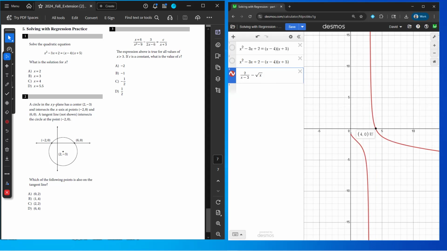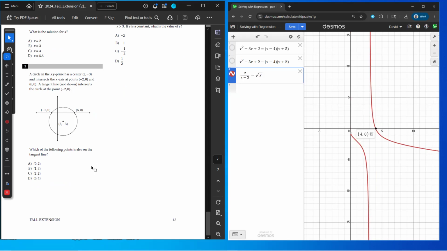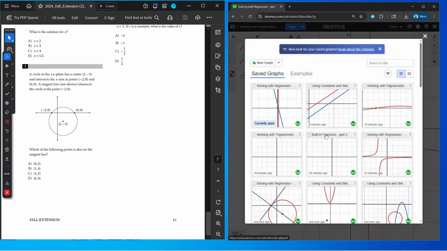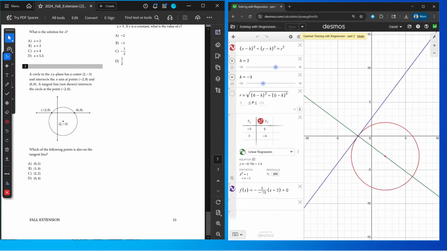Okay, let's go on to the second equation. All right, so first off, we started with a circle with a center. So I know that the equation of a circle is (x minus h) squared plus (y minus k) squared equals r squared.